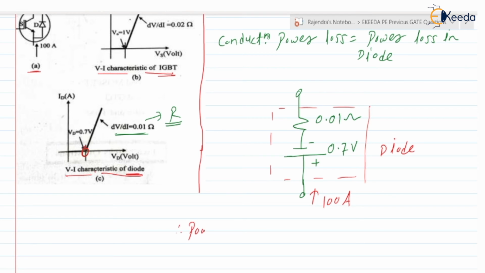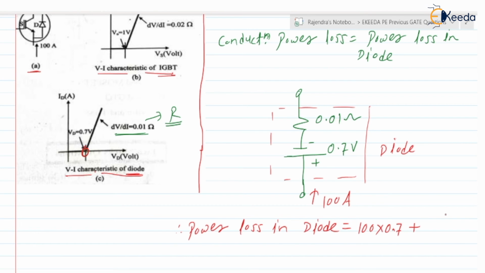Therefore, the power loss in a diode is equal to 100 into 0.7. This is the voltage into current, that is nothing but the power loss, plus the power loss in the resistor. This resistor is nothing but the equivalent resistance of the diode when it is in the on state.